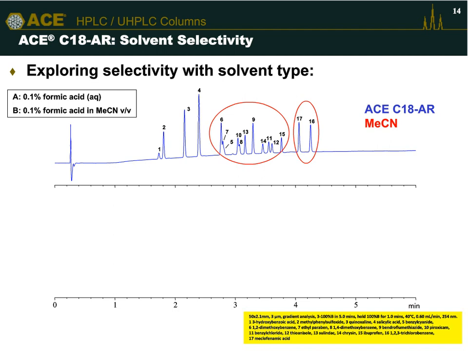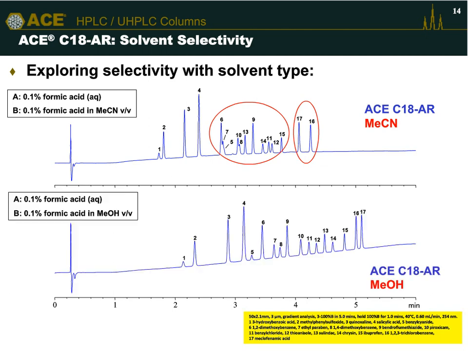Now what we have on the screen here is a simple acidic mobile phase based separation of 18 components using a C18AR. So this is an alkyl phenyl type stationary phase. By switching the solvent from acetonitrile to methanol, we affect the elution order and the selectivity of this particular separation.